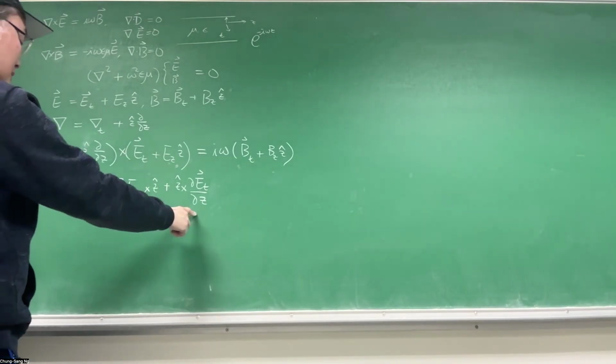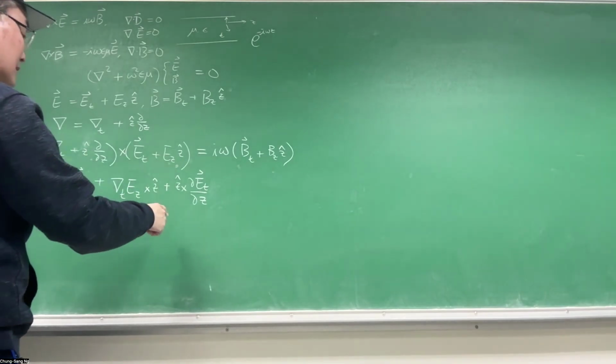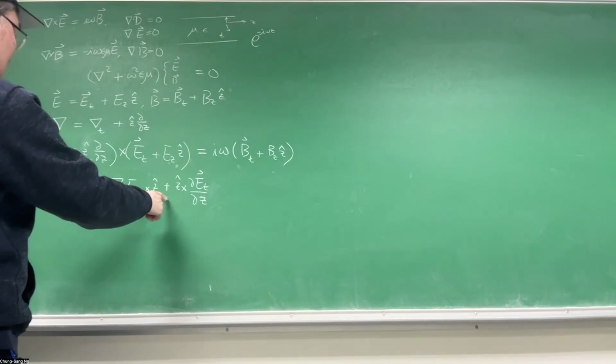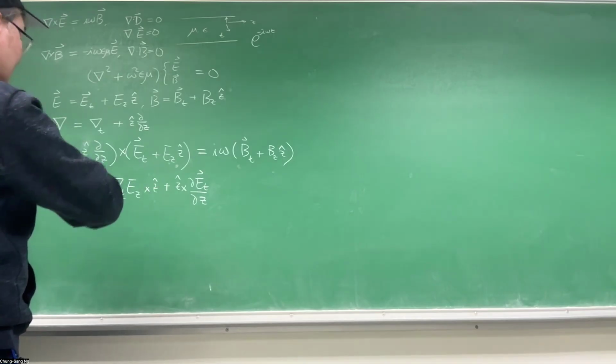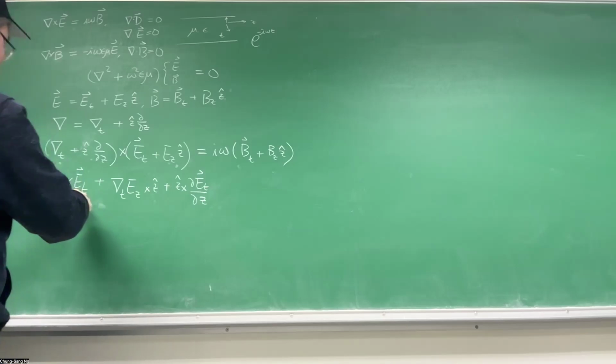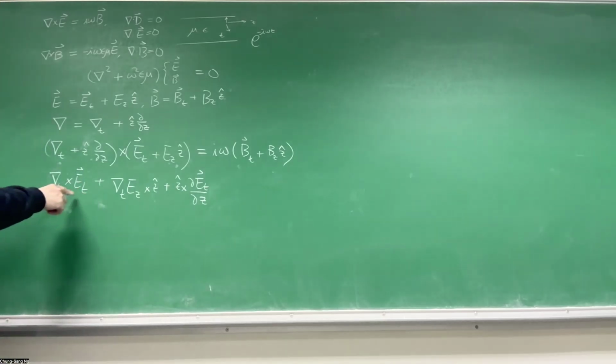So altogether, you have three terms. And now you group that into different directions, and see what the direction is of these things. So grad t E_z cross z, this is like just the x and y component, right?